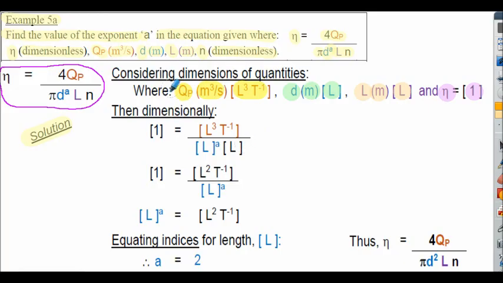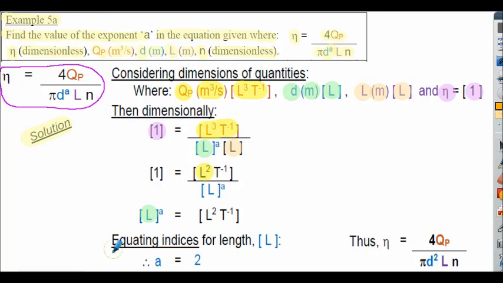So now inserting our dimensions for eta, for qp, for d raised to the power of a of course, and for l. On the next line I simply cancel the l in the denominator with the l cubed here to leave us with l squared, which is shown here. On the next line I simply multiply both sides by l to the power of a.